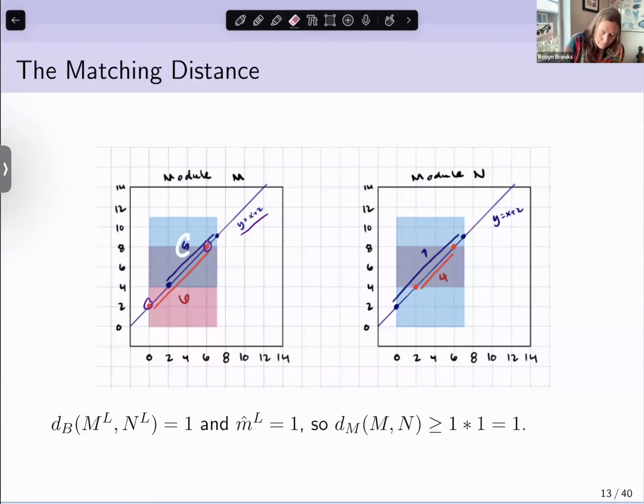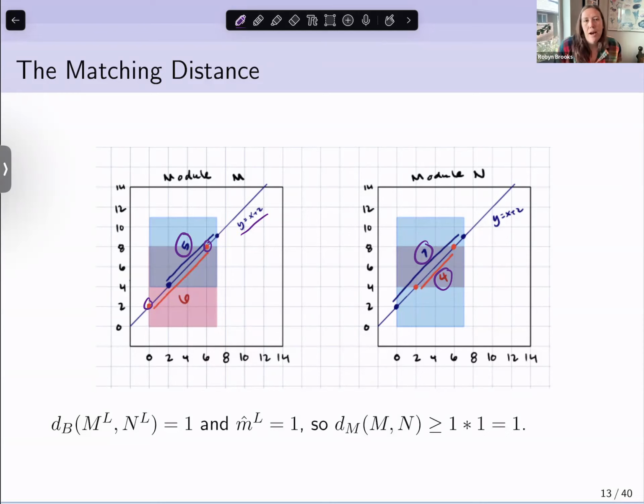So if I wanted to match 5 with 7, the cost of matching those two bars would be 2. And if I wanted to map the interval 4 to the diagonal, I would compute the cost of that as 4 over 2, so just 2. Okay, so the bottleneck distance is the infimum over all possible matchings. We can just go through these because there's not a lot of possible matchings.